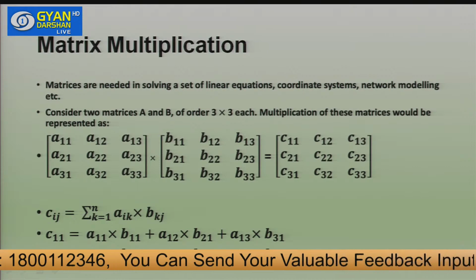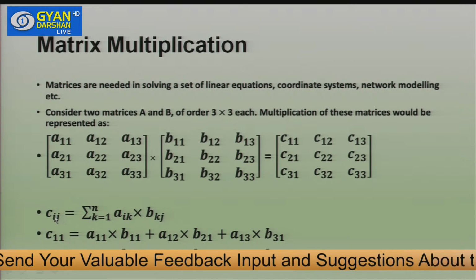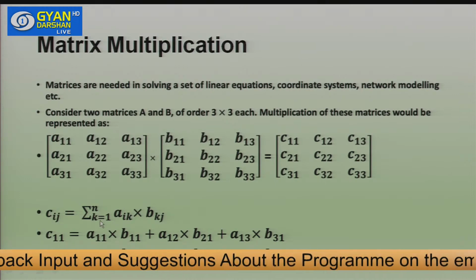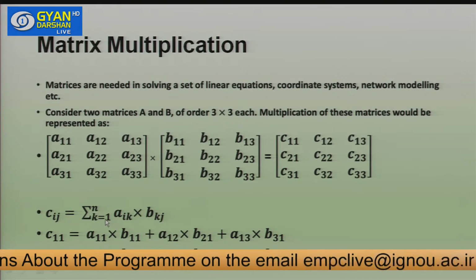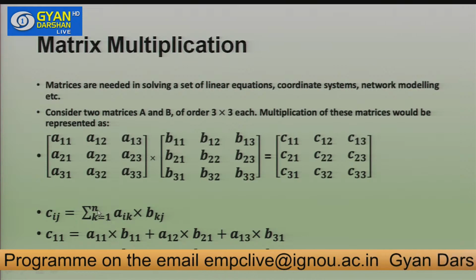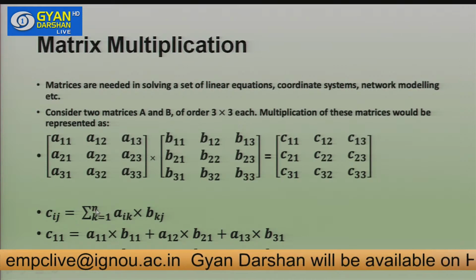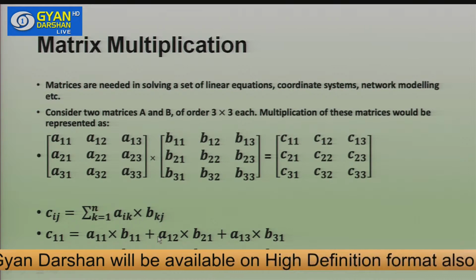If we want to represent this information, we can say it is Cij. If I want to obtain the value of Cij, it is equal to the sum over k. We take a third variable k, and the value of k moves from 1 to n, where n is the dimension of the two matrices, n cross n, and it is aik into bkj.